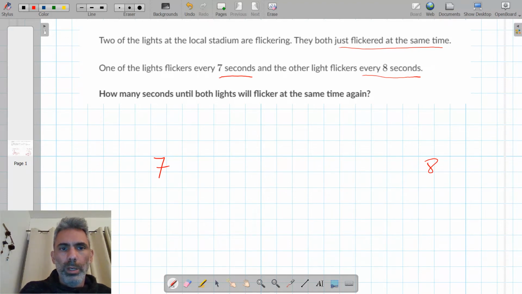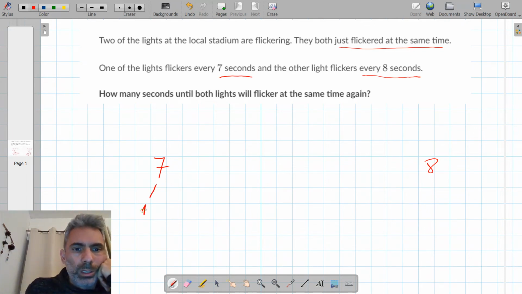One light flickers every 7 seconds, so 7, 14, and 21, and so on, and this one flickers at 8, 16, 24, and so on. So if we find the least common multiple, we will know the answer.